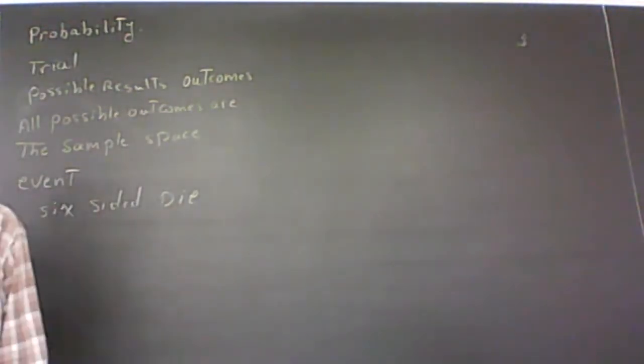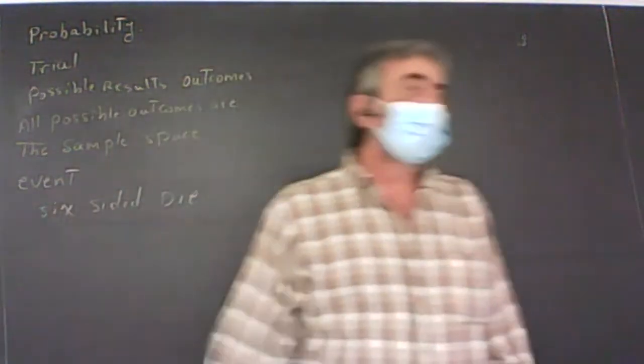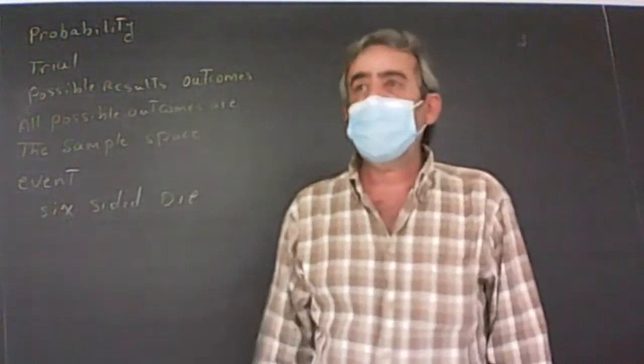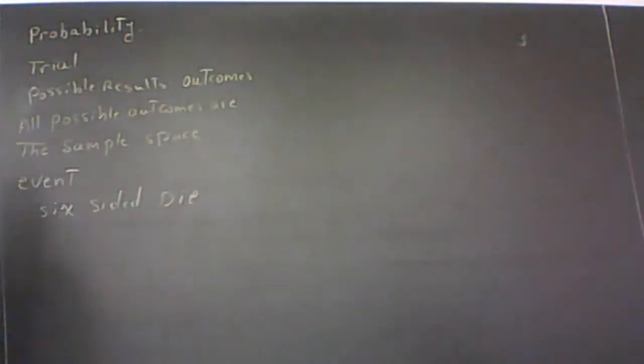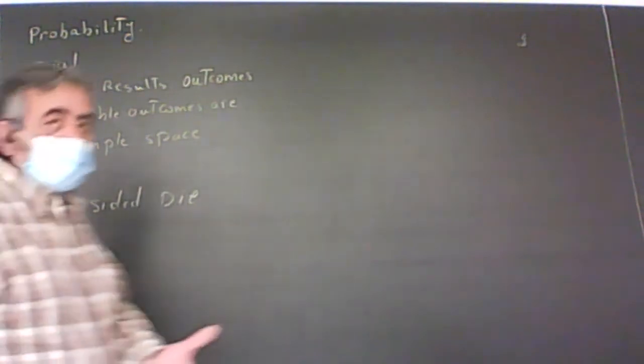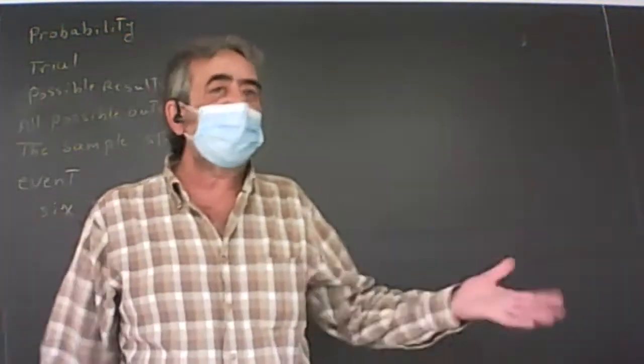If the trial or the experiment I'm doing is rolling the die, what are the possible outcomes I could get? You could get all the numbers on the die itself. So you can roll it, and when it stops, it could show 1, 2, 3, 4, 5, or 6.